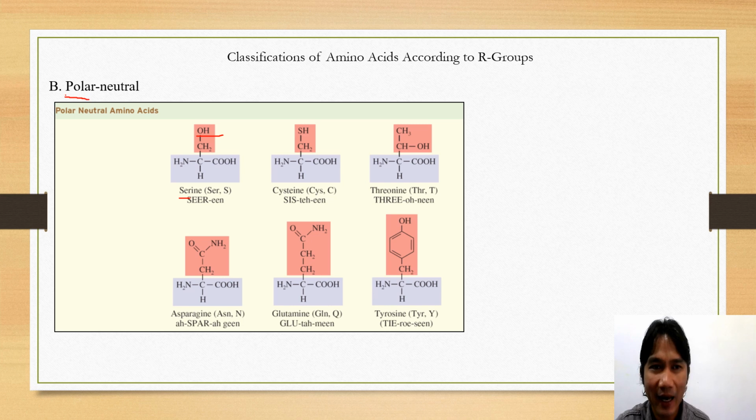This is an alcohol. We know that an alcohol is polar. So, the rest, what you can see is they have atoms that are polar or electronegative atoms. So here there's a sulfur, there's an oxygen also, there's an alcohol.